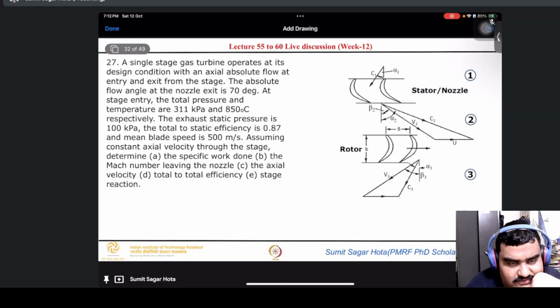The absolute flow angle at the nozzle exit is 70 degree. At the stage entry, the total pressure and temperature are 311 kilopascal and 850 degrees Celsius respectively. The exit static pressure is 100 kilopascal. The total to static efficiency is 0.87 and mean blade speed is 500 meter per second. Then assuming the constant axial velocity through the stage, determine the specific work done, Mach number leaving the nozzle, axial velocity, total efficiency, and stage reaction.